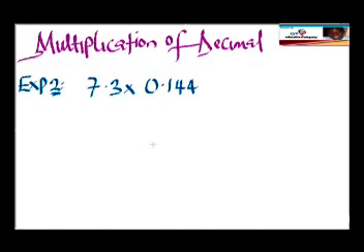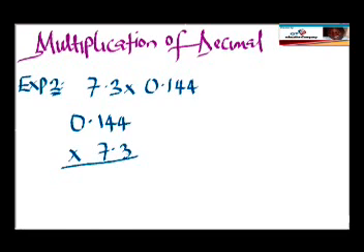Remember, multiplication can be in any order, so I'll just take, I have a lot of digits here. That's the reason why I'm expressing it on the top, because I don't want to work with so many values. Although you can do the same, you can have it as 0.144 times 7.3. Remember, there's a point here.